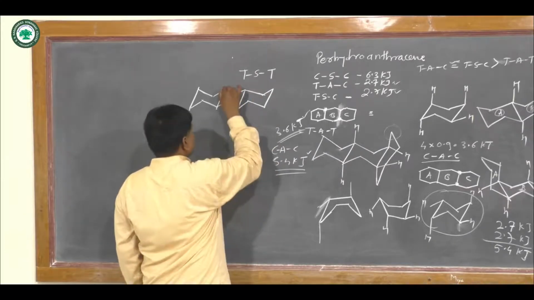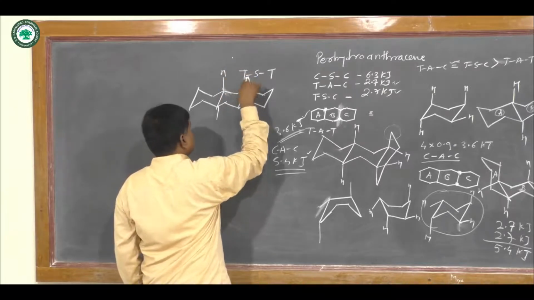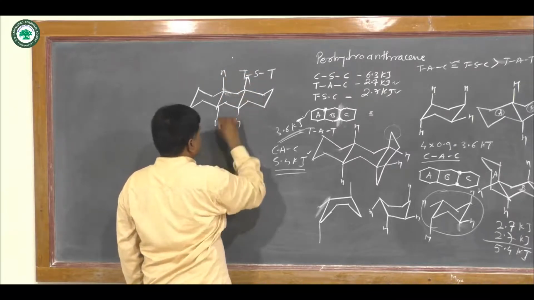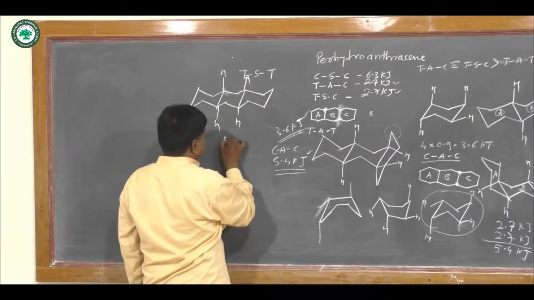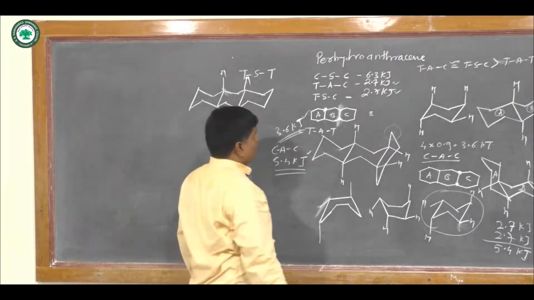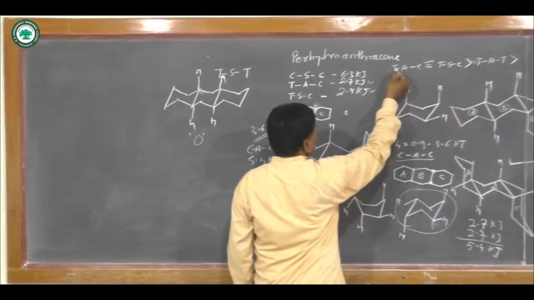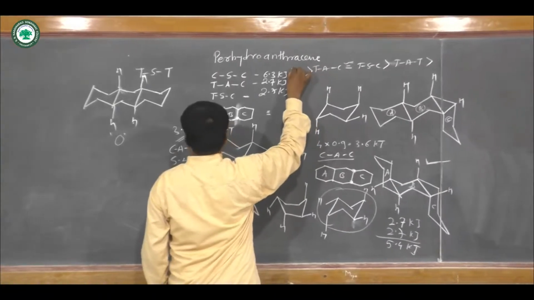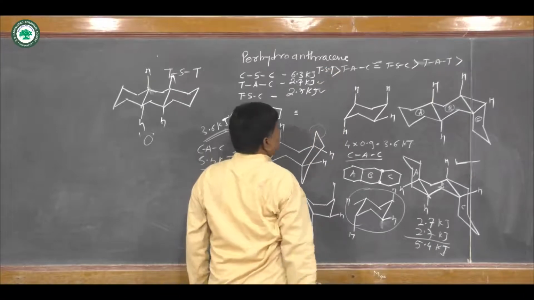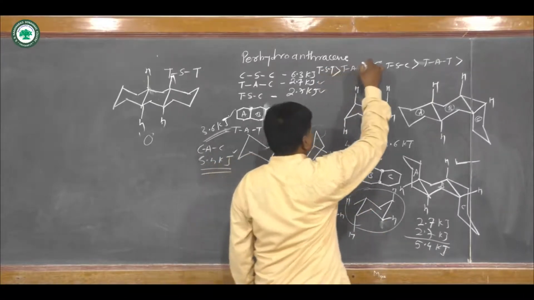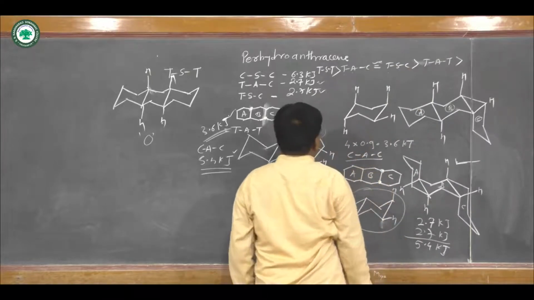So this is trans, this one is cis or syn, and this is trans. So trans, syn, trans, and its energy is 0. So the most stable structure is this one. So we write here trans, syn, trans. So trans, syn, trans is first, then trans, anti, cis, and trans, syn, cis.